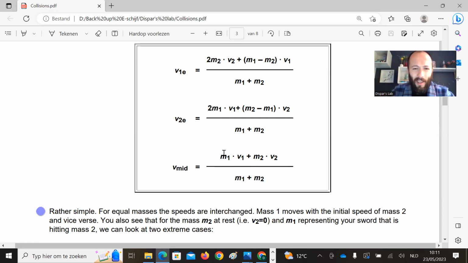So in this case, mass 1 is 1 kilogram times 10. The velocity is 10 meters per second. So we have 10 plus mass 2, which is 2, times 0 meters per second, which is 0. So 10 plus 0 is 10, divided by m1 plus m2, which is 2 plus 1 is 3. 10 divided by 3 is 3.33, or 3.3333, etc.